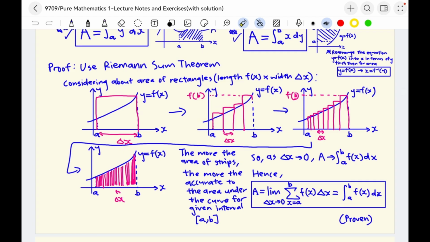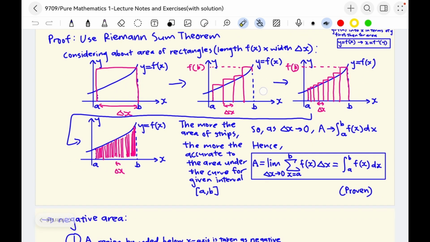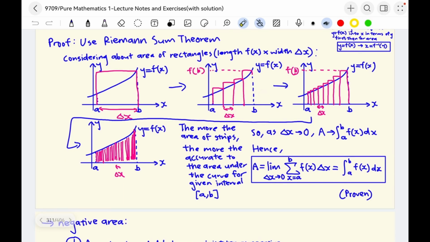So you slowly add rectangles of about the same width, which is delta x. You add as many as you can.